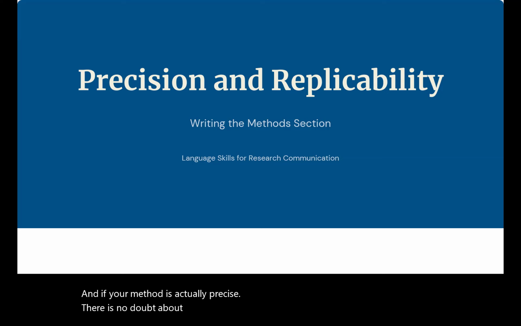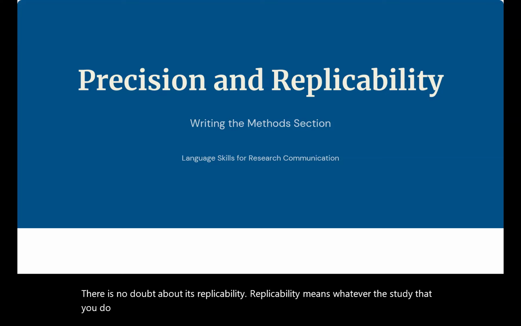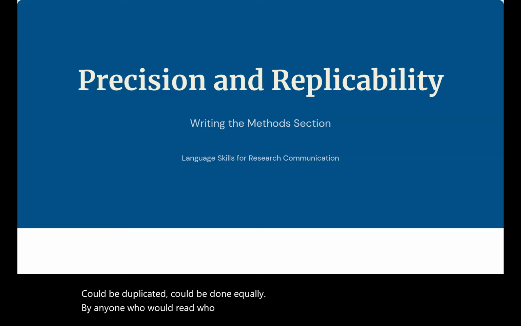Replicability means whatever study that you do in a particular circumstance, under such conditions that you define, could be duplicated, could be done equally by anyone who would read, who would see, who would understand your research in any part of the world.